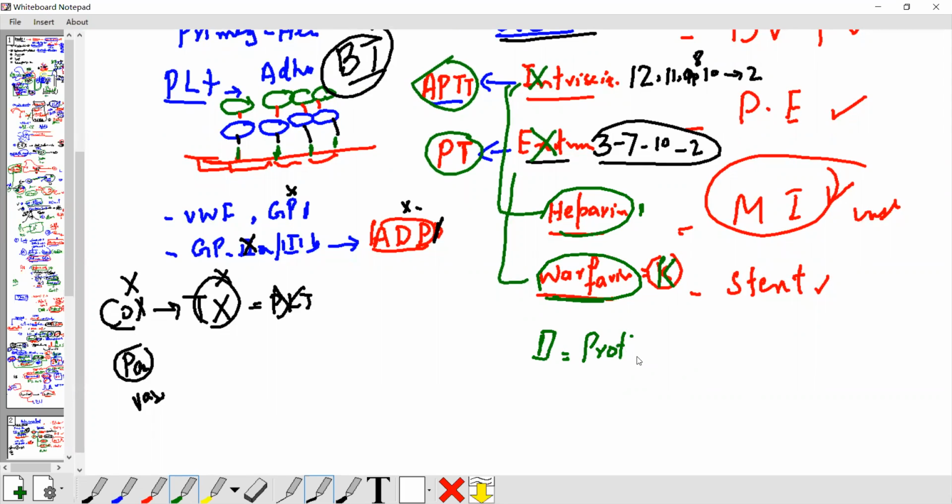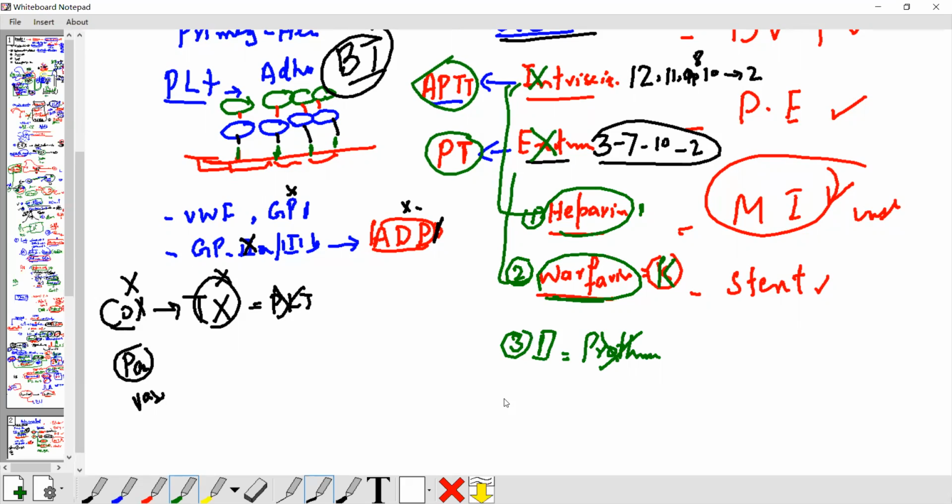Prothrombin. The drugs acting on factor number 2, number 1 drug, number 2, number 3. The drugs directly acting on factor number 2, they block factor number 2.